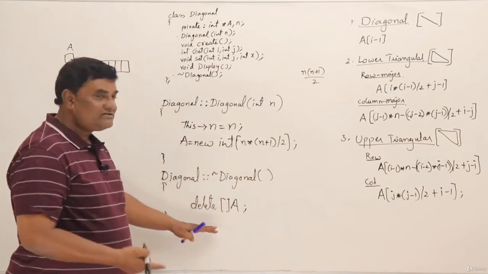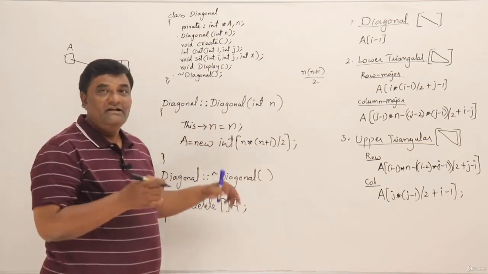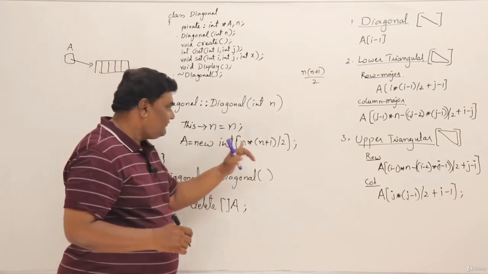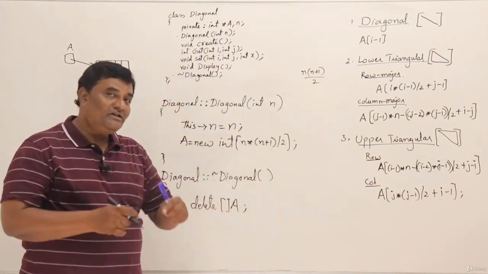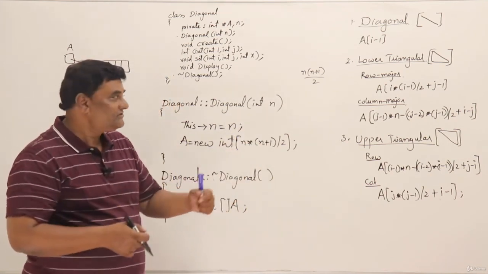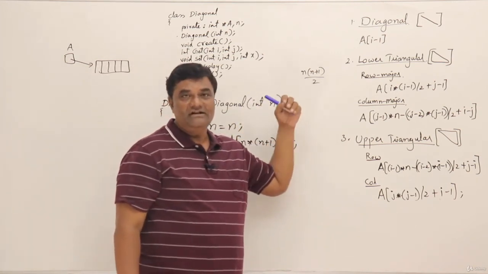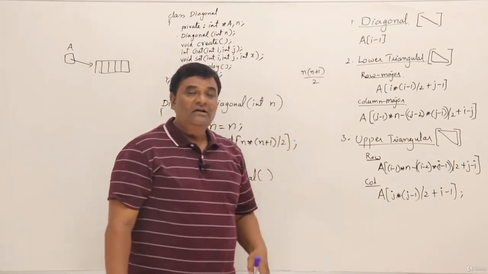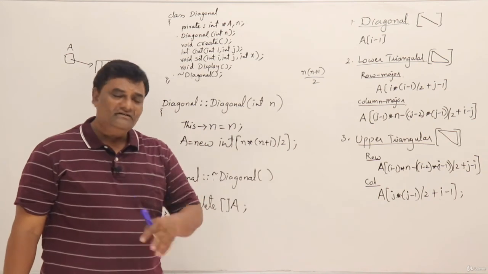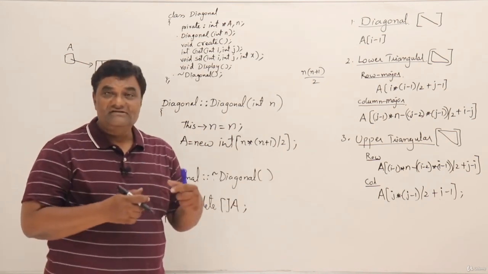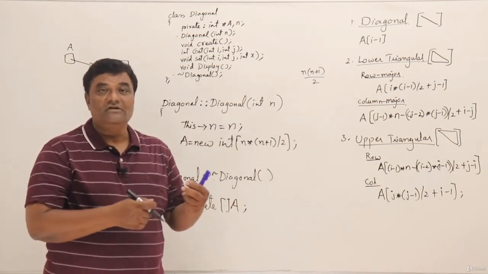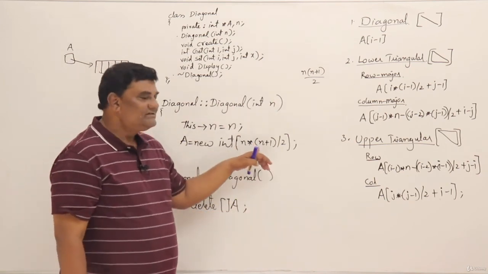And the destructor you must write, dimension you must take, everything is same. Only here the formula will change. Now you get a space sufficient for storing all non-zero elements from a lower triangular or upper triangular or Toeplitz or tridiagonal, any matrix. So you give the size required for storing all non-zero elements. So this is the size.